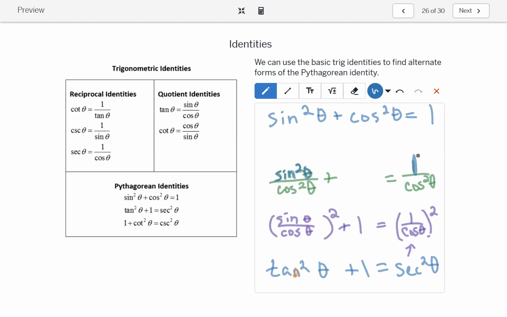On top of sine squared over cosine squared, I have sine squared on top, and my first line had a sine squared. On the right side, I had a 1 on top, and my 1 was what I had on the right. But the new thing is they're being divided by cosine squared.